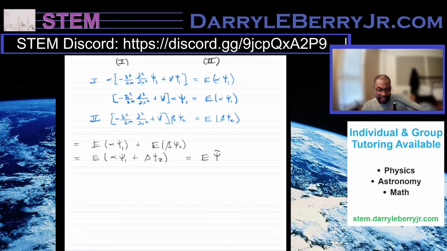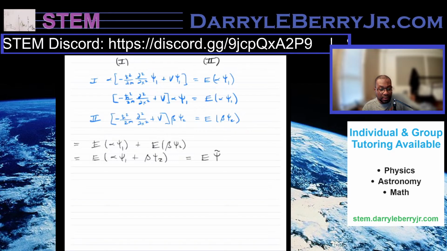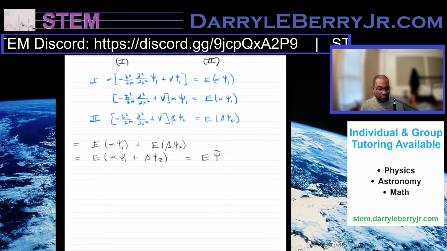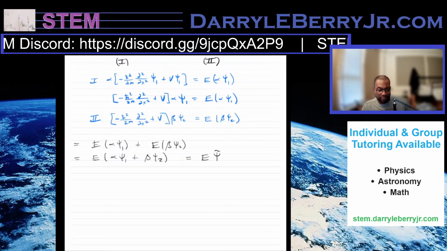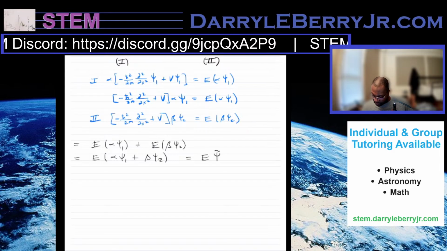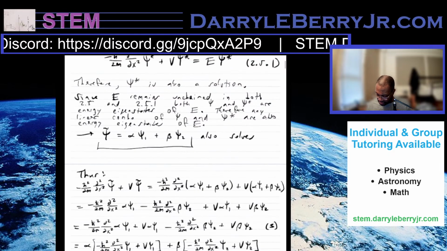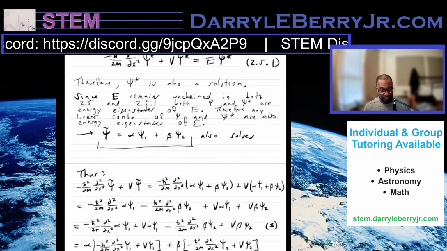So this shows that this sum of 2 solutions that solve the time-independent Schrodinger equation also solve the Schrodinger equation.